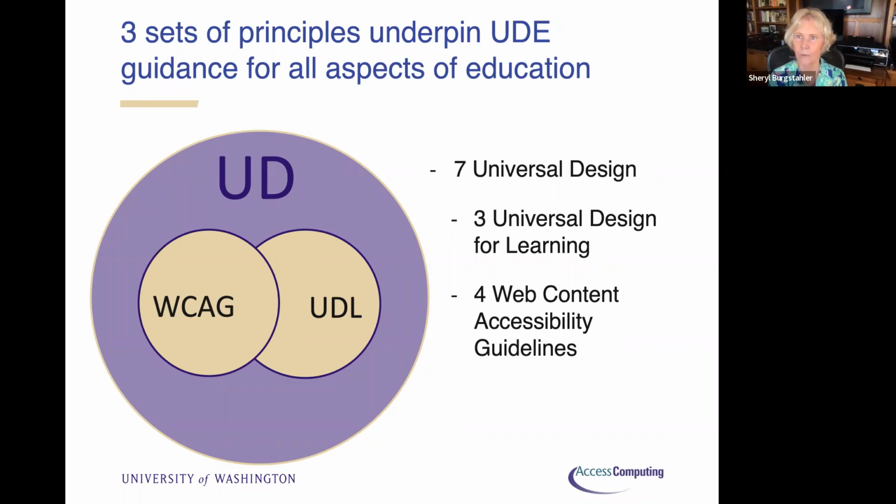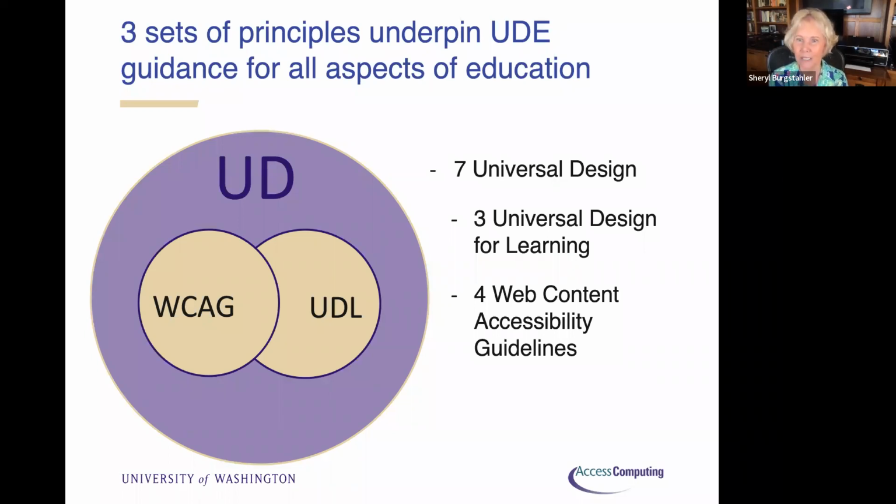One was developed particularly for faculty and instructors at all educational levels by the CAST Center. It's called Universal Design for Learning. And there are 3 basic principles that guide you in how to develop your curriculum and your pedagogy for students. And then we can't forget IT, especially when I'm in the room. And so we have special guidance for that as well.